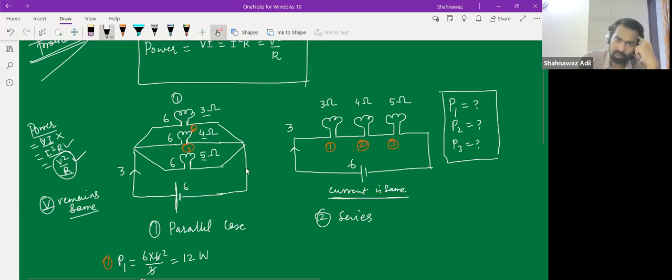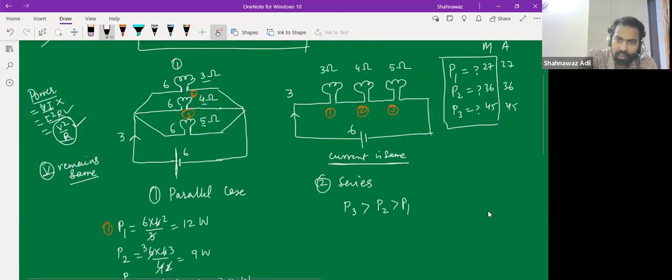Calculate 27 or 36, 41? So 27, this is Mariam's answer, 36 and 41. 27, 36, 45. Aisha also got 27, 36, 45. If both of you are getting the same answer, then you can see that power 3 is greater than power 2, greater than power 1.